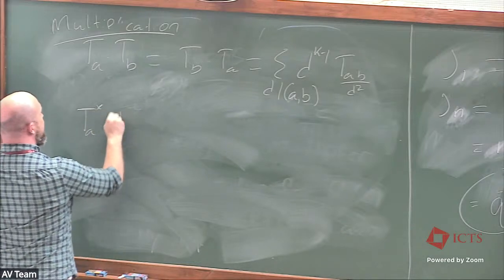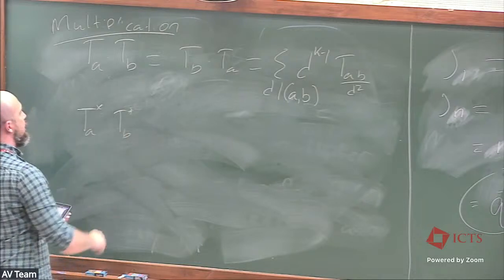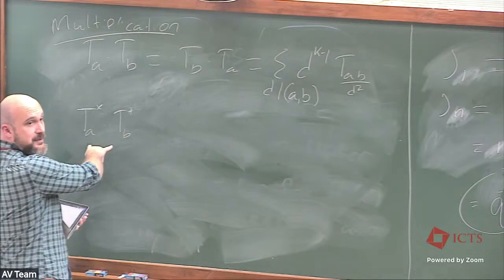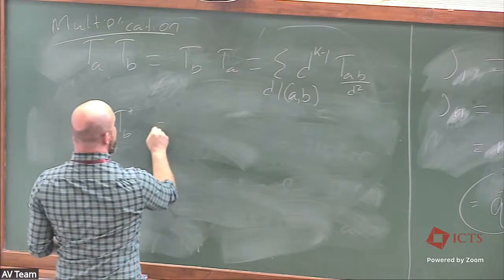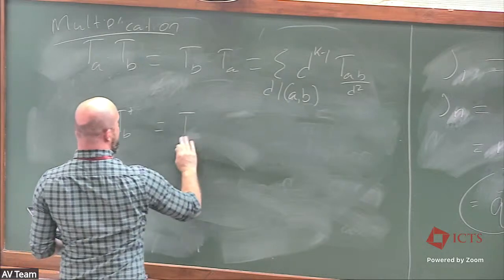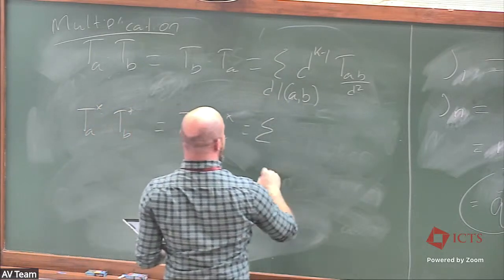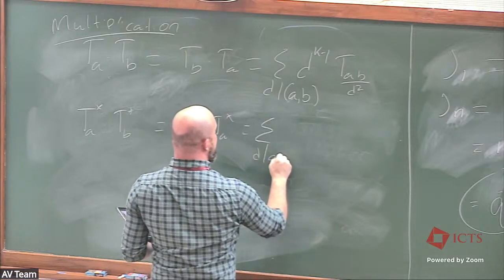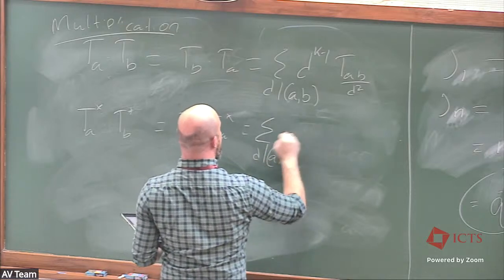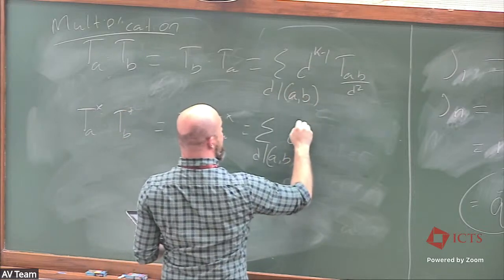Very similar thing if I look at my renormalized ones in negative weight, okay? This is going to equal T*_B times T*_A is going to equal the sum over d dividing the GCD of A and B, of, well, again, I'm going to assume that k is the positive weight number here.